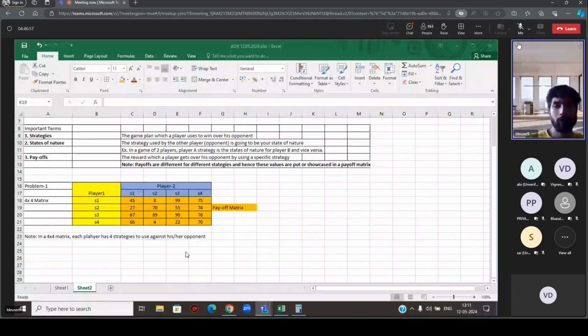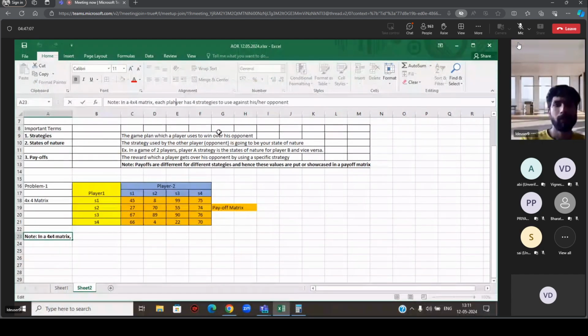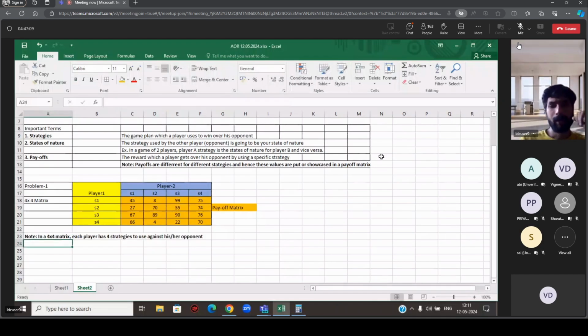Are you getting my point? Note, since it's a 4 cross 4 matrix, each player has 4 strategies to use against his or her opponent. Are you understanding?